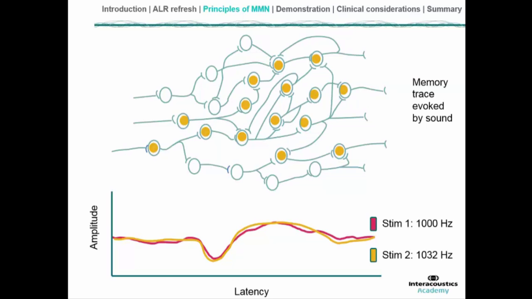But as I say, there's no MMN here because we're not playing the sound in an oddball paradigm. Rather, the two sounds are just presented serially. For example, there might be perhaps 200 repetitions of each sound, and the traces just run one after the other, and we see a slightly different memory trace for each one.